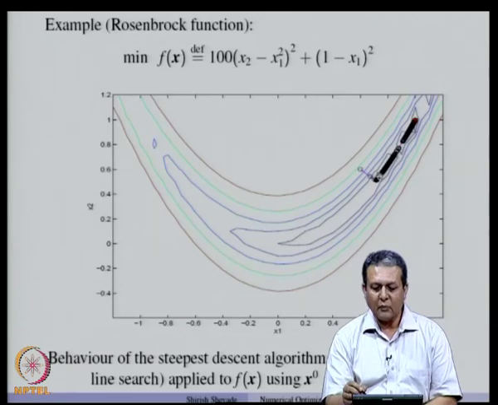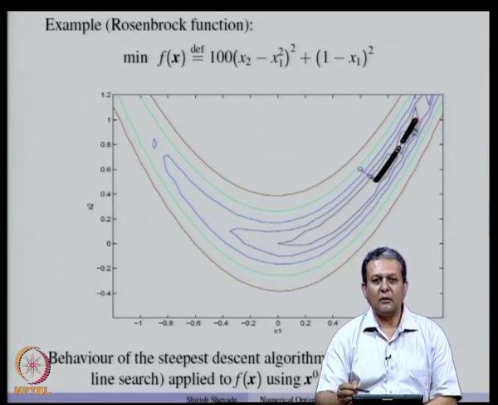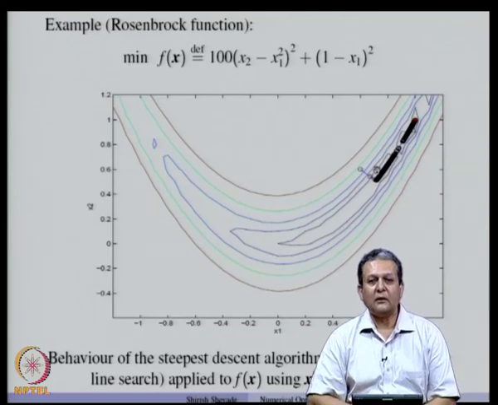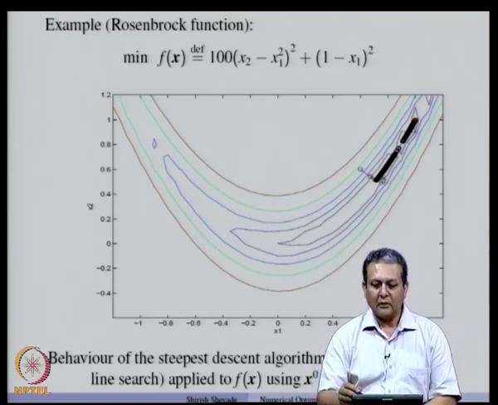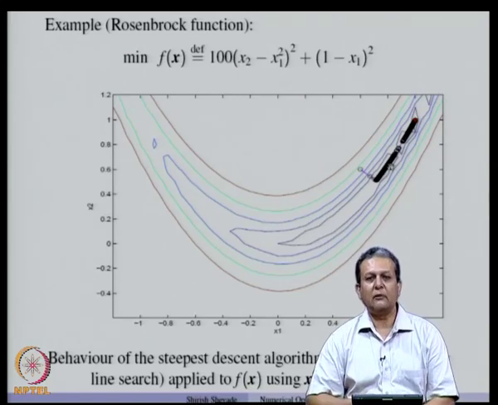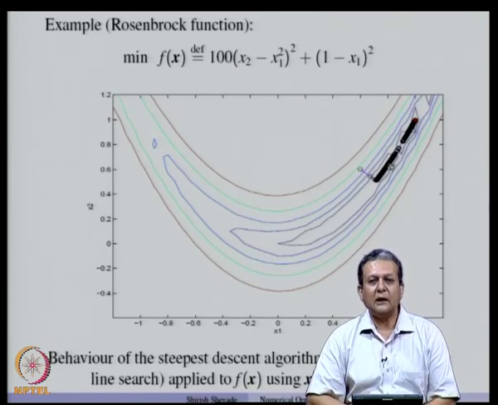So, there are lots of small steps which correspond to the circles along these lines, and then finally, it goes and converges to the minimum which is 1, 1. So, lots of small steps are taken before the algorithm converges to the minimum. Now, here I have used backtracking line search. One can use any other inexact line search method.